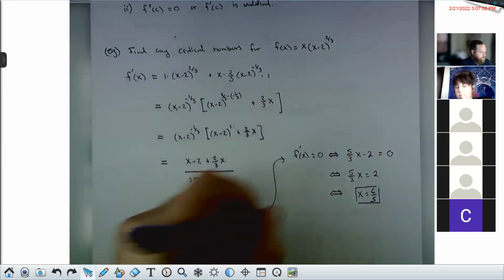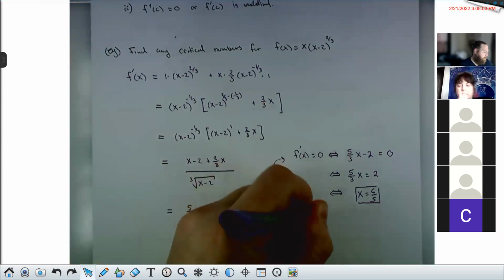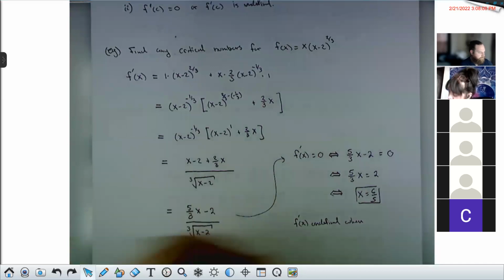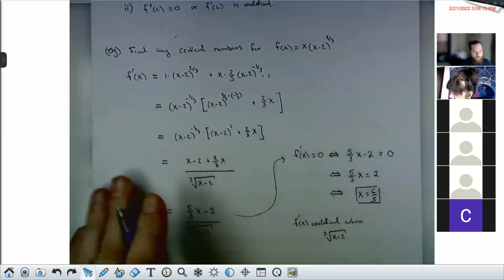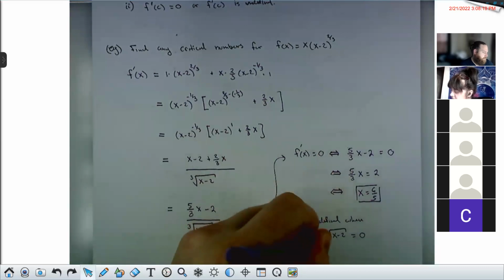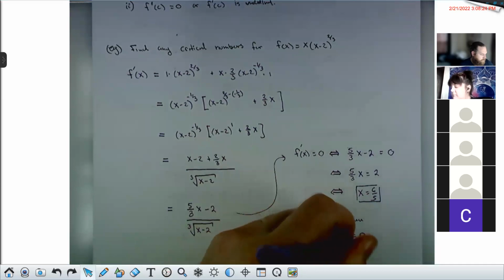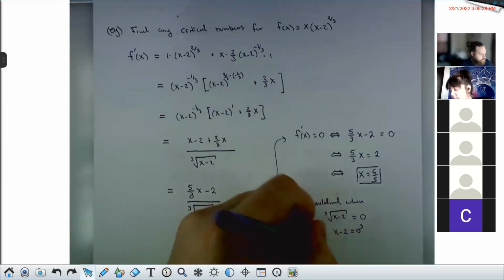And f prime of x is undefined when the bottom is equal to 0. So when the cube root of x minus 2 is equal to 0, cubing both sides, I get x minus 2 equals 0 cubed, but 0 cubed is 0.